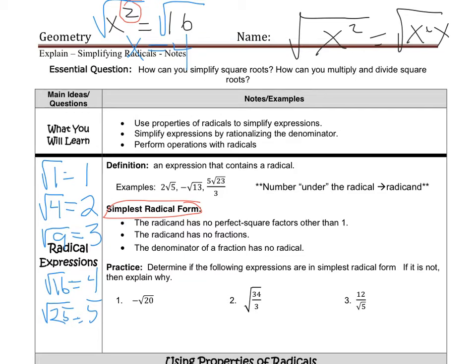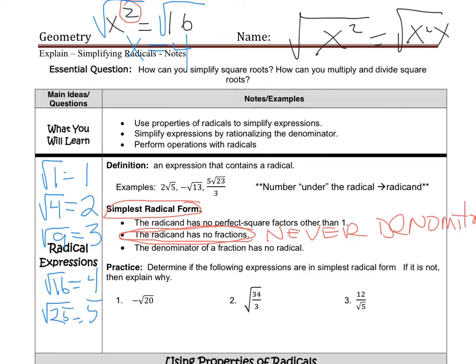In other words, the square root of 1 is 1 times 1, or 1. Also, the radicand has no fractions. In other words, and this is important, you can never have a square root in the denominator. It can't be in the bottom of the fraction. Ever. You can never leave it there.